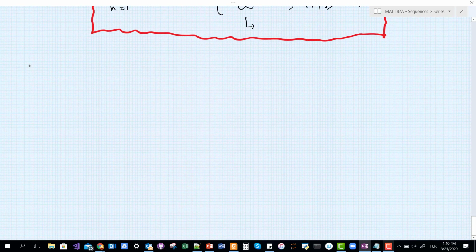Okay, first example, let's apply the formula directly when I don't have any issue with the given example. Look at this example, guys. The sum from n equals 1 to infinity of 3 times 1 over 2 to the n minus 1.